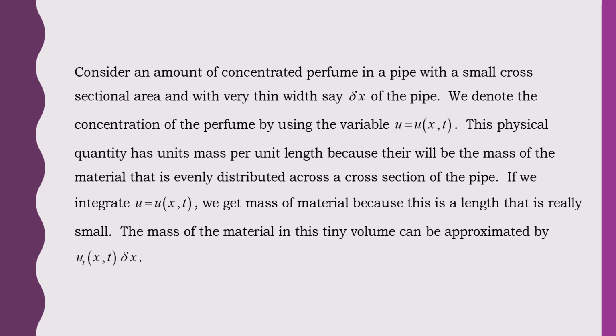We denote the concentration of the perfume by using the symbol u = u(x, t) with units mass per unit length. If we integrate this quantity, we get mass per length because the perfume or the mass in this pipe is evenly distributed.